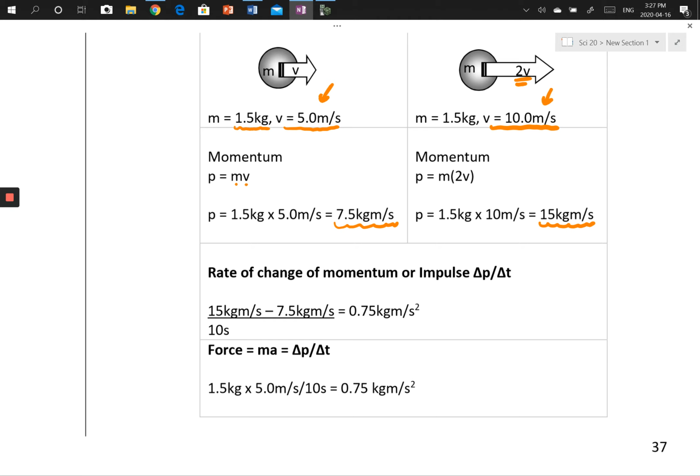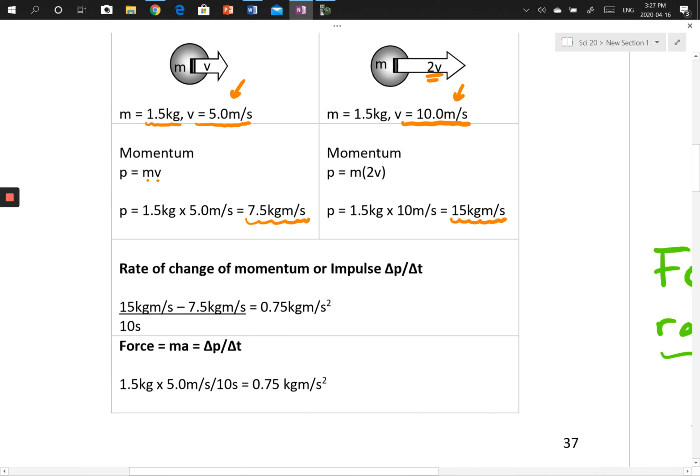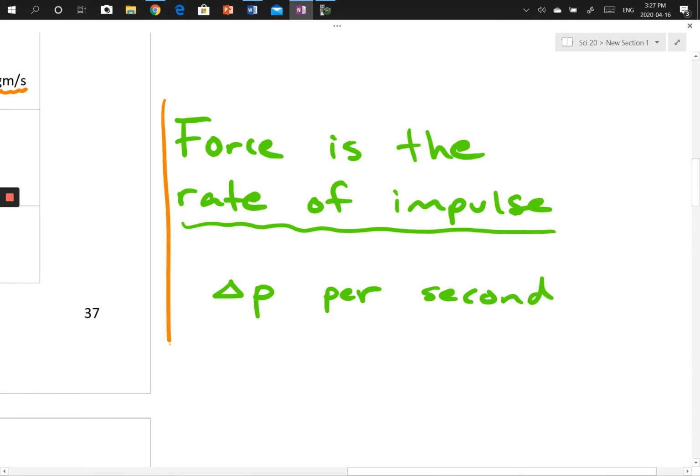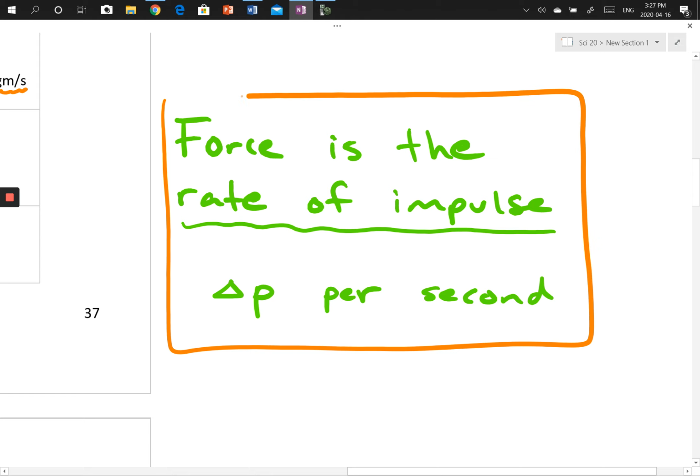And something really important for us to take out of this is that when we're calculating force, one of the ways we can define force is the rate of impulse or the rate of change in momentum. And the other way I wrote it down here is, delta P, so impulse per second or change in momentum per second.